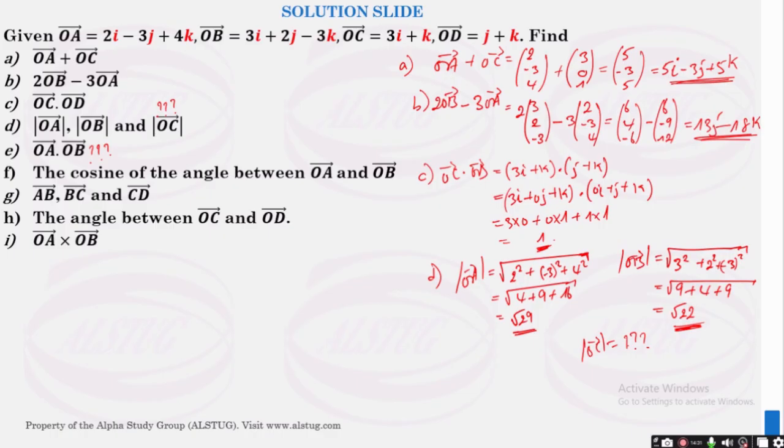An interesting one. We have question F. You're looking for the angle between OA and OB.